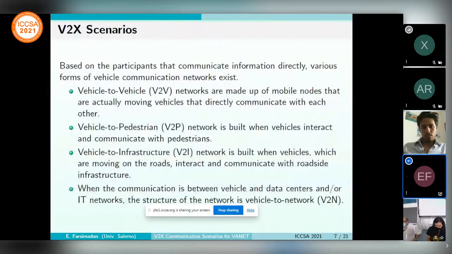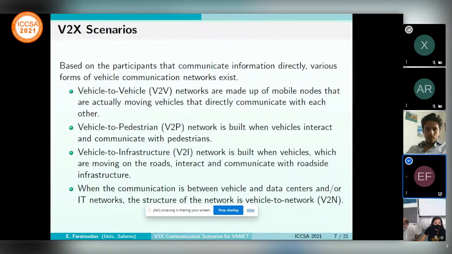Based on the participants that communicate information directly, various forms of vehicle communication networks exist. But the most important are these four categories. Vehicle-to-vehicle, or V2V, networks are made up of mobile nodes that are actually moving vehicles that directly communicate with each other.